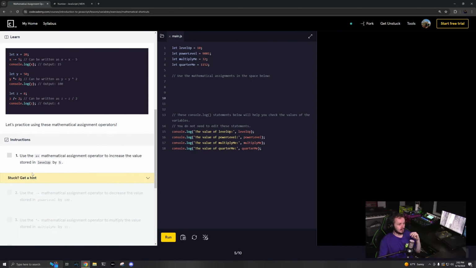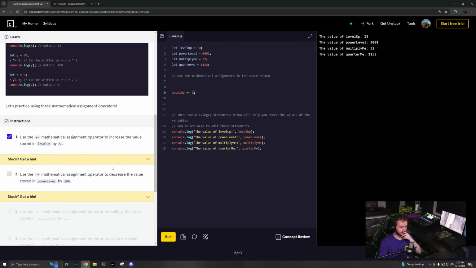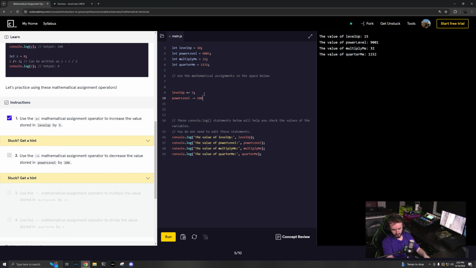So use plus equal mathematical assignment to increase the value stored in level up by 5. Plus equals 5. Great. Remember your semicolons. So now we're going to do minus equals, power level minus equals 100. There we go. Use the times equals.